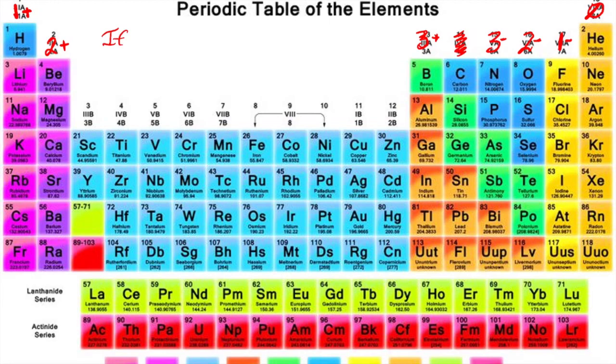Anything that becomes negative, so if something's 3 negative, like nitrogen or nitride or phosphorus or phosphide, which is just the ionic name for those, this tells me something has gained 3 electrons in its outermost energy level.